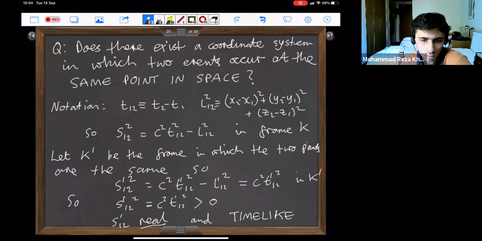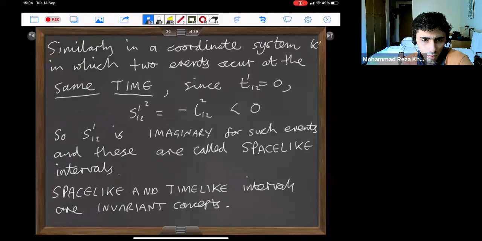Okay, just a name that we use. Similarly, if you do the opposite, you can ask about a coordinate system K prime in which two events occur at the same time. So they occur at the same time, but at different points in space.